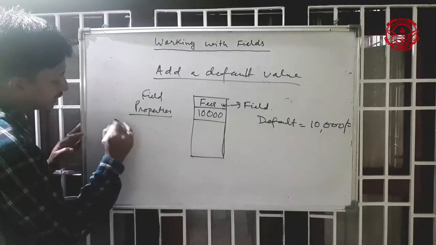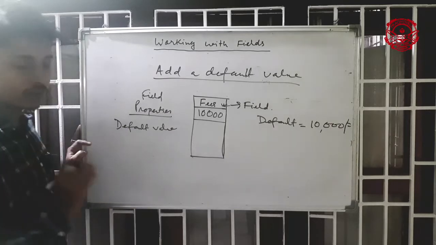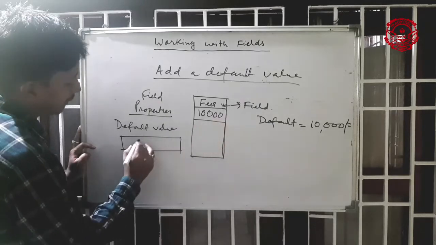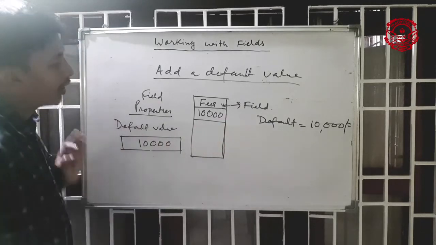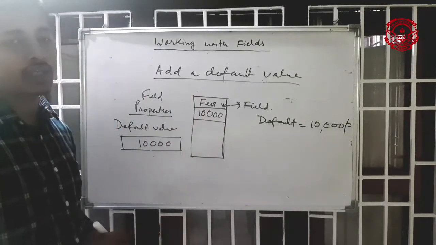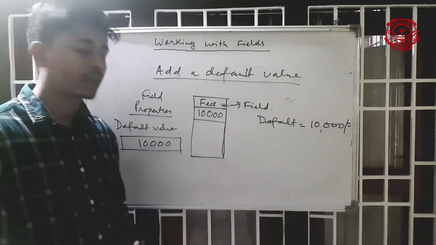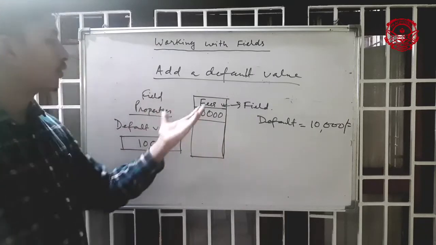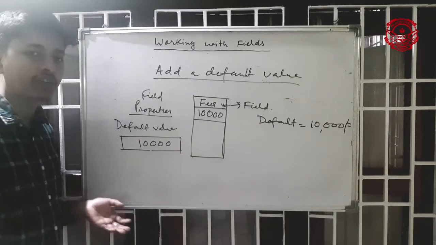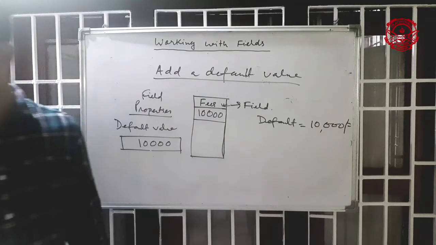In the field properties there is the option default value. You can give the default value here. I will give the default value as 10,000. So the fees automatically comes 10,000, minimum rupees 10,000. In this way you can give the default value in any field with the help of the field properties options. Okay, this is called add a default value.